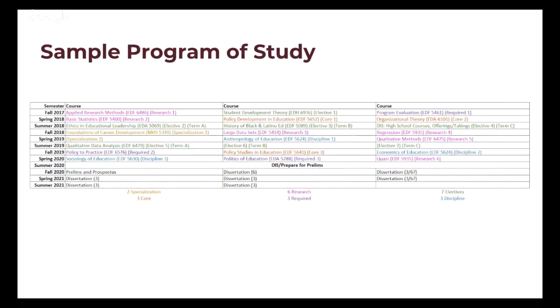So this is just an example of my personal program of study so that you have an idea of what a better format might be than that 2 or 3 page paper you have to turn in to your advisor. I just broke it down by semester, 3 courses every semester, color coded it according to my program's requirements, so that it was easy to reference what I was taking when.